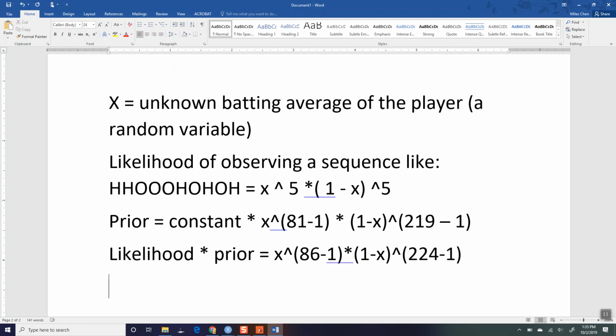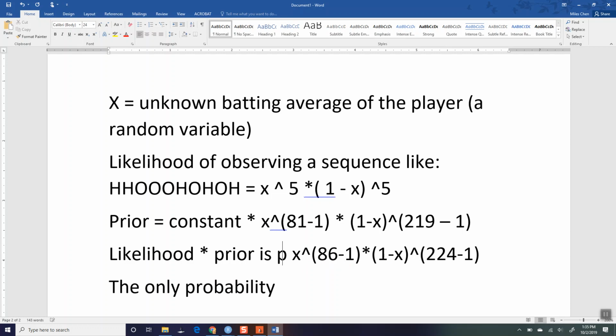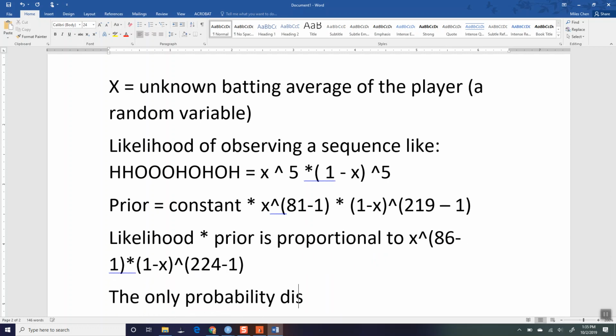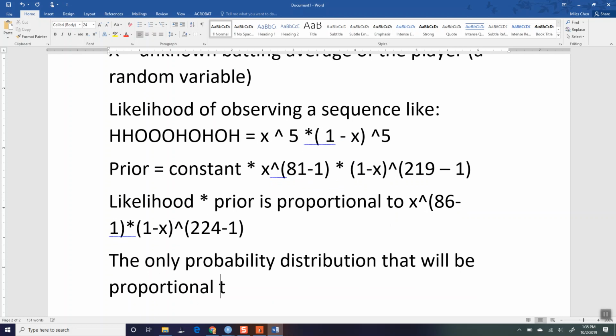Basically, the only probability distribution proportional to that is the beta distribution with shape parameters 86 and 224.